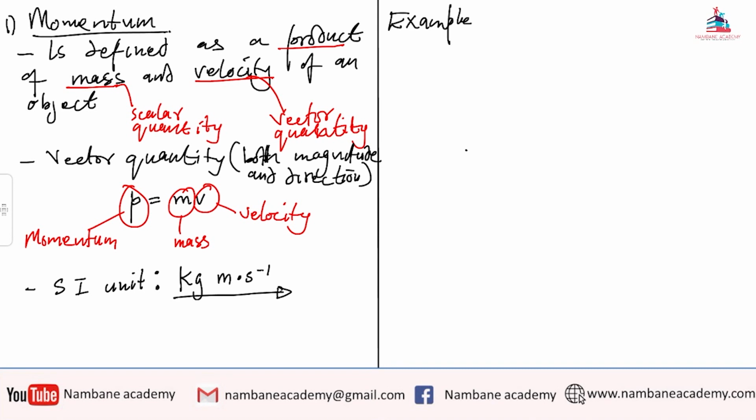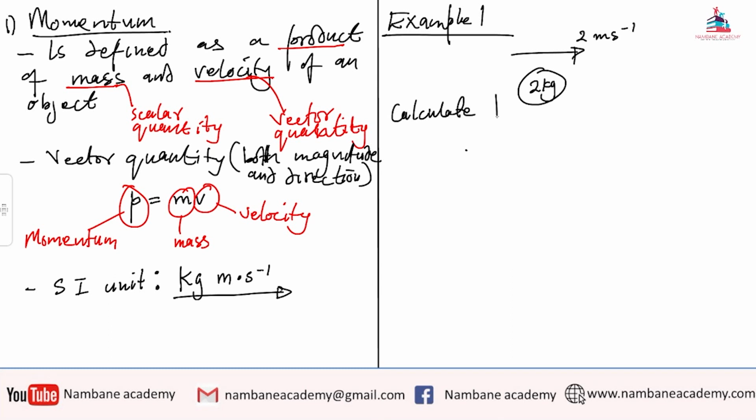Just a basic example. I have a ball here of 2 kg mass traveling in that direction. But I am told that it is traveling at 2 meters per second. And then the question is, calculate the momentum of the 2 kg ball.